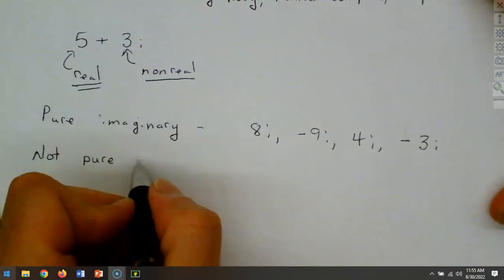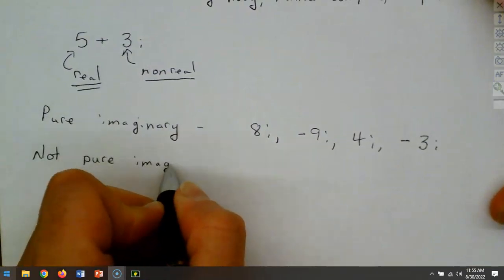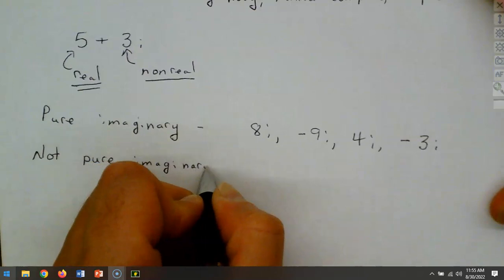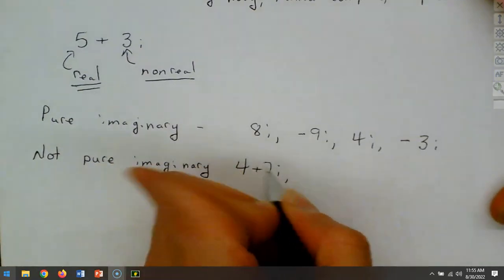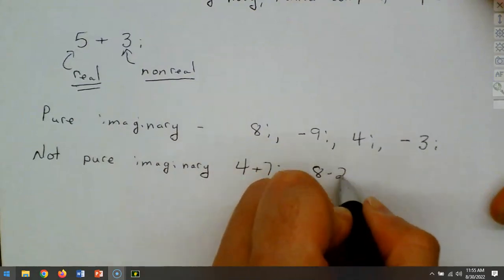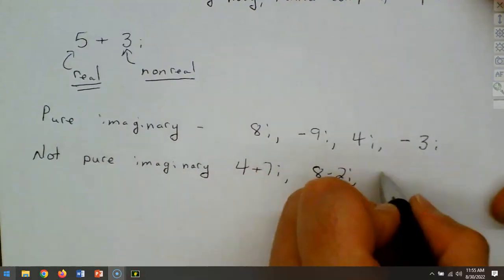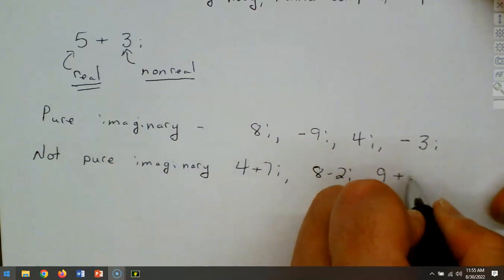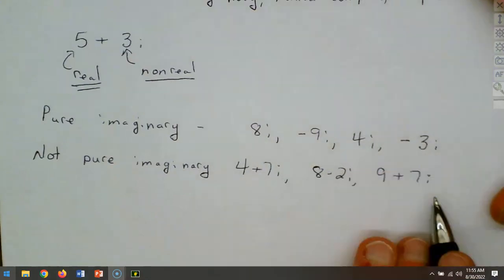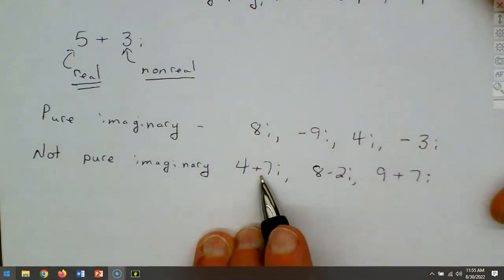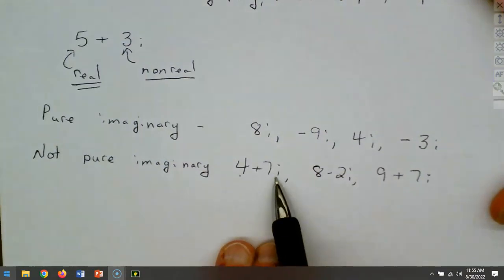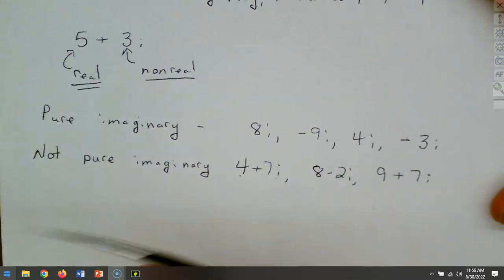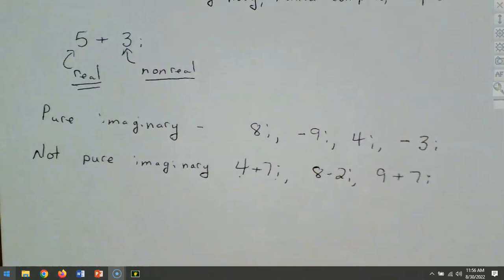Below it: 4 plus 7i, 8 minus 2i, 9 plus 7i. These are not pure imaginary. Why not? Because these have a real part in front followed by an imaginary part behind it. Does that make sense now? Okay. So pure imaginary has no real part.